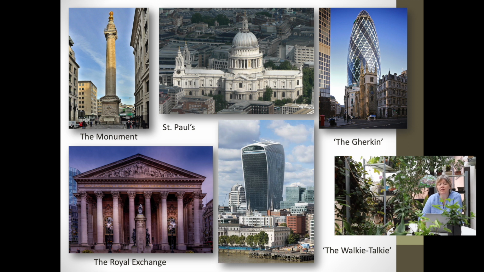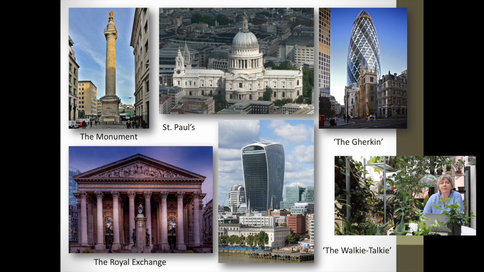So I mentioned we have the business headquarters, we have the Royal Exchange, so again a classicist building housing the headquarters of the trading companies and the market, the main exchange building for mass market.